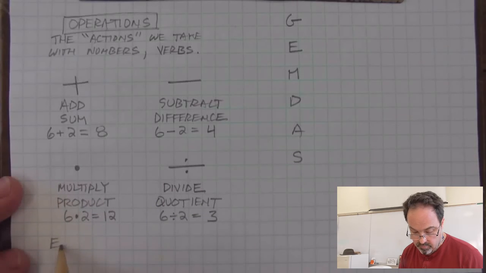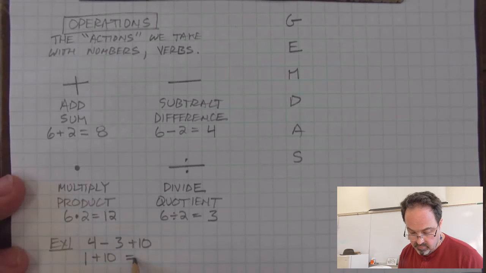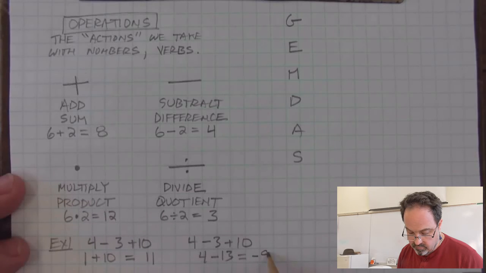For example, if we had the math expression 4 minus 3 plus 10, there would be different answers produced if we subtracted first, 4 minus 3 is 1, and then added 10 to get 11, then if we did the problem by adding first, the 3 and the 10 to get 13, so this became 4 minus 13, or an entirely different number, in this case, a negative 9.